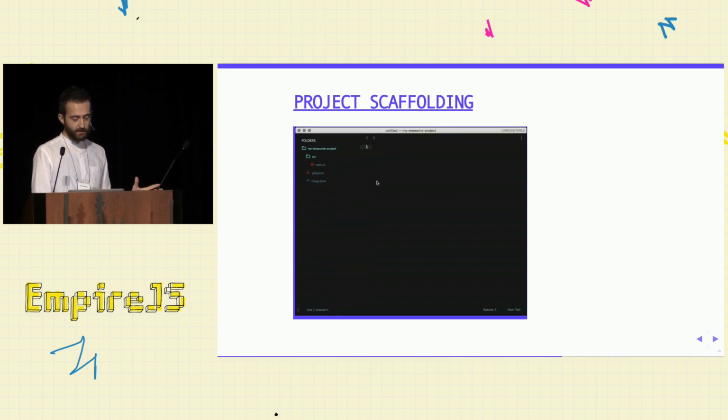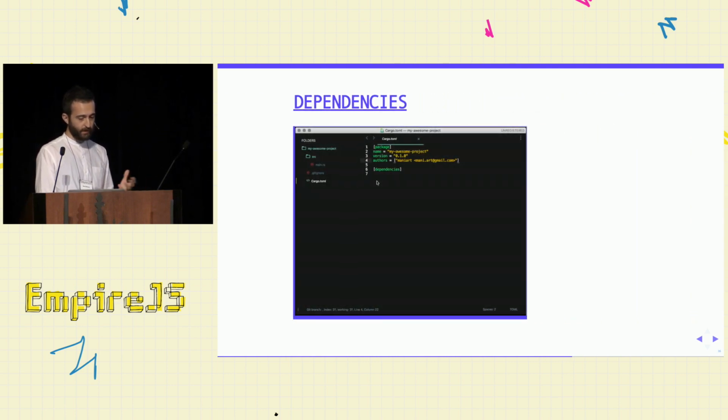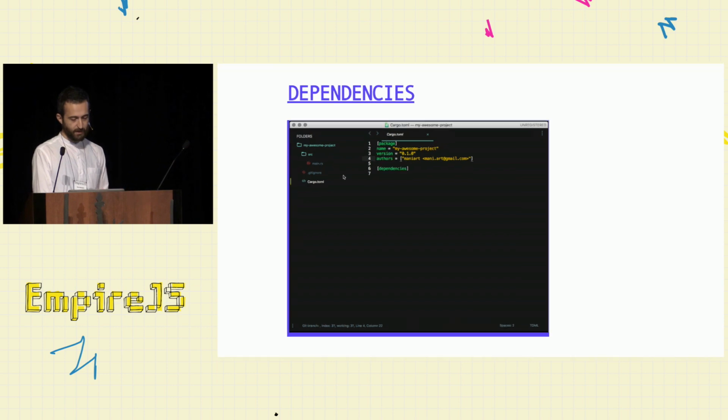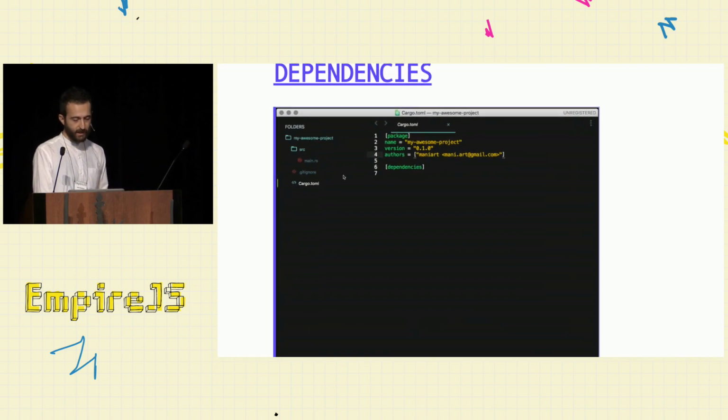It's very useful, and you can do a whole bunch with it. That's one of the best things about Rust that I've noticed in my short period of time working with it. So this is what the Cargo.toml file looks like.